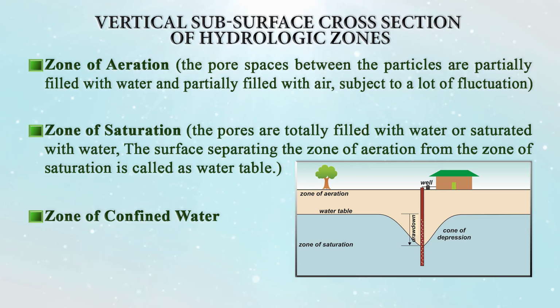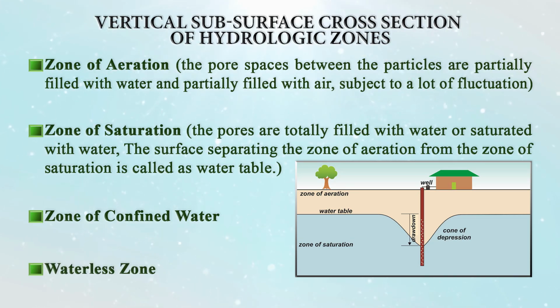There should be some source from the surface or some other water source from which water is reaching here, but it exists between two impermeable layers. The impermeable layers are called aquitards, and if the layers are completely impermeable, they are called aquiclude or aquifuge. You should remember these terms also, these are important.